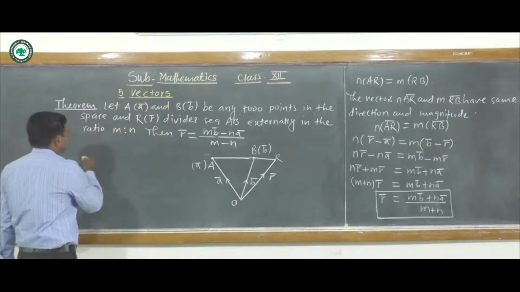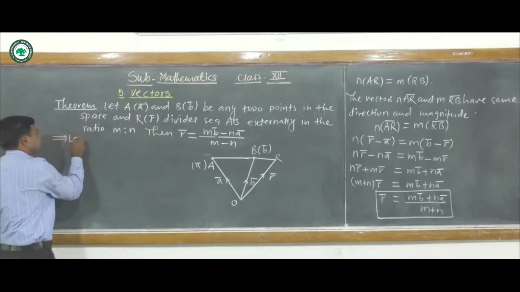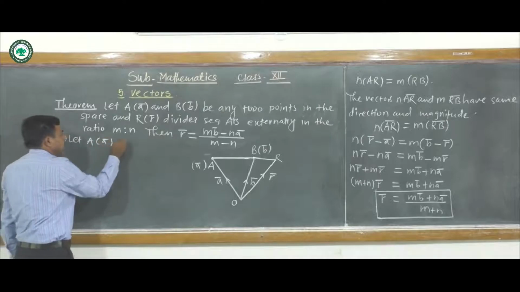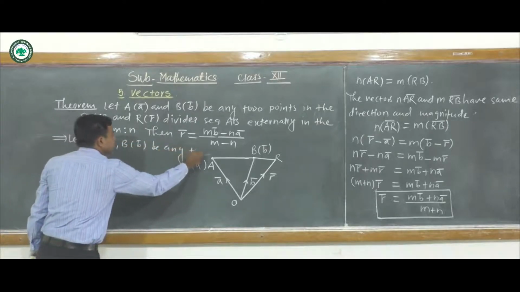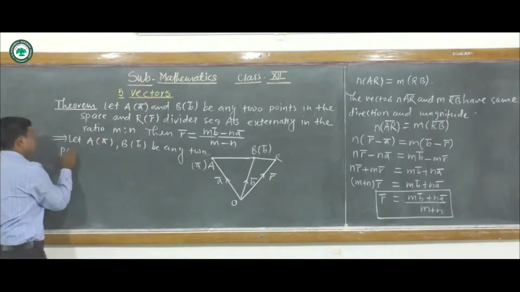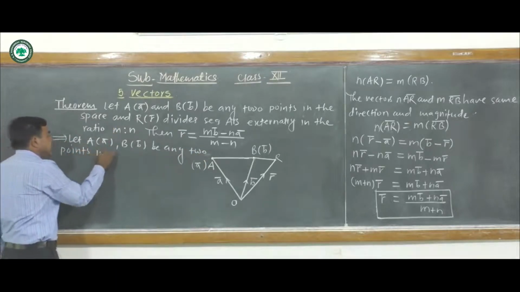So let A with A bar and B with B bar be any 2 points in this space.